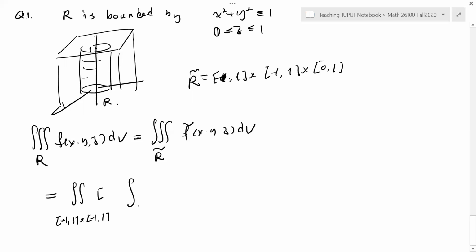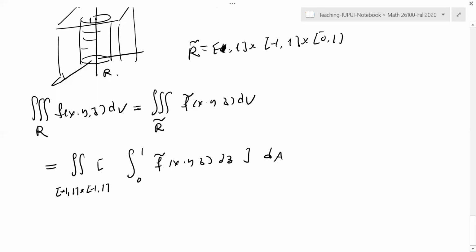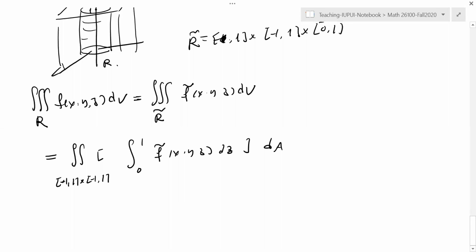Then here it's from 0 to 1, of f2 of x, y, z, dz, and dA. So I cannot remove the f2 yet. Yeah, it's from negative to positive one.